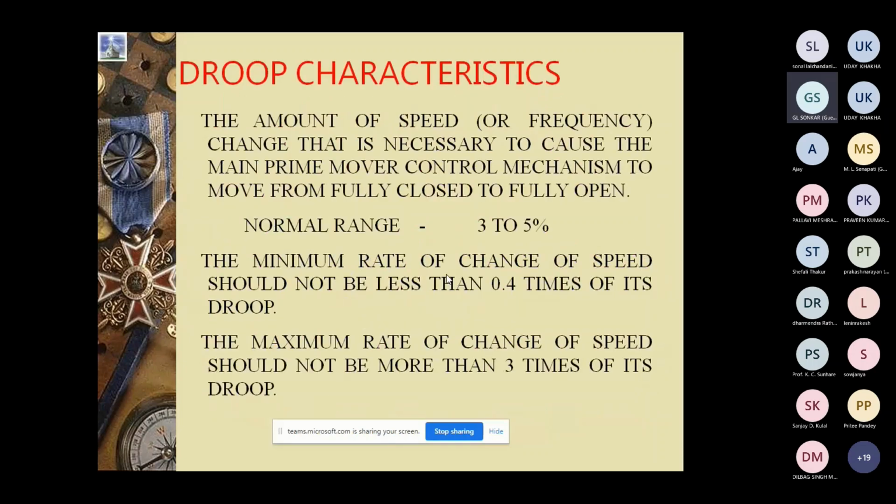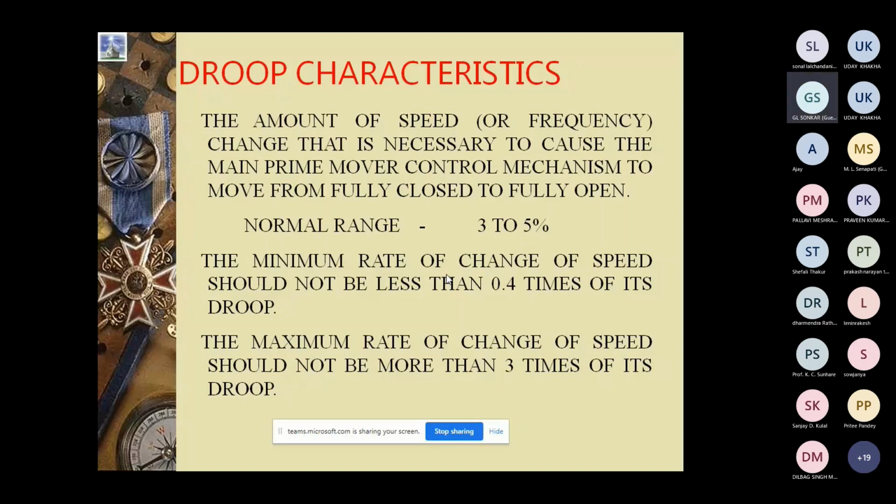Then droop. It is also one of the characteristics of the governor. This is the change of speed necessary for the control mechanism to move from full close to full open.